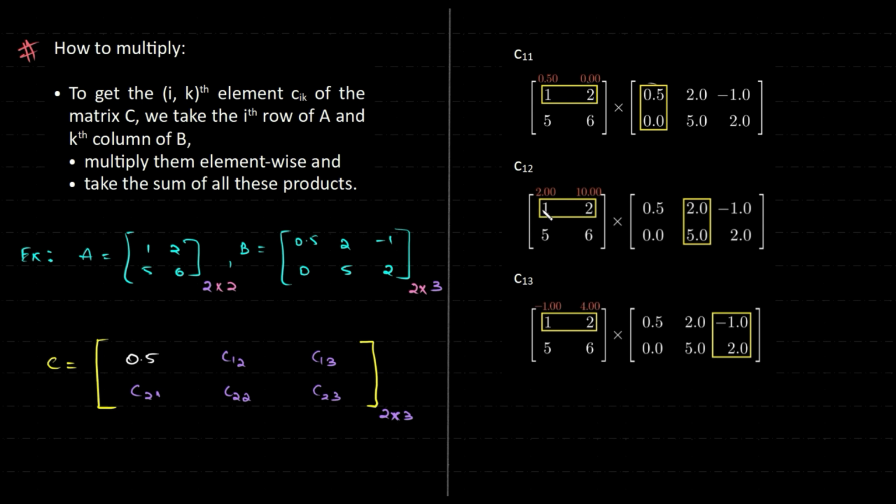Next, C12 represents the first row, second column. We can see that clearly, element wise multiplication again. Let me color code this. This and this, the same patterns, while on the other end we have something like this.